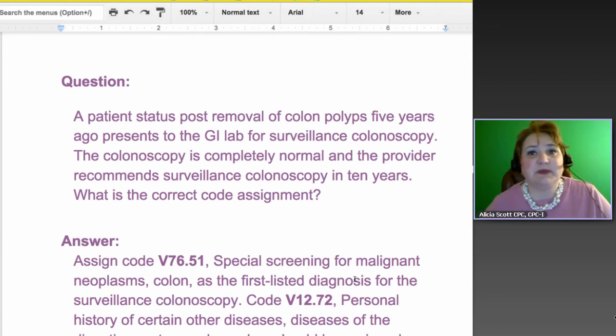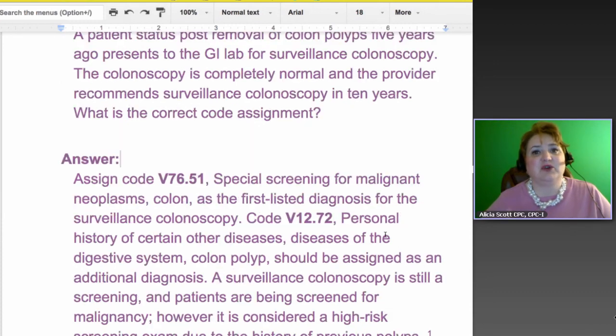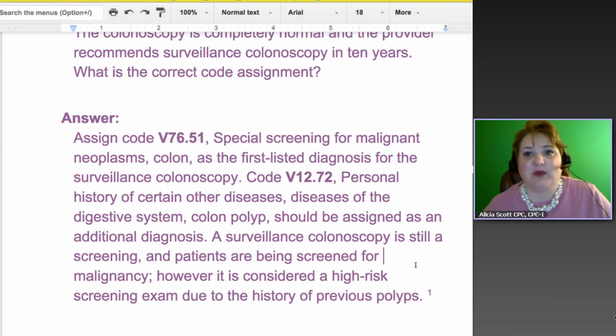The colonoscopy is completely normal and the provider recommends that he has another one in 10 years. What you do again is you assign your code V76.51, this is a special screening, and then you code V12.72, personal history of certain diseases of the digestive system. He had colon polyps in the past, and they did another one.